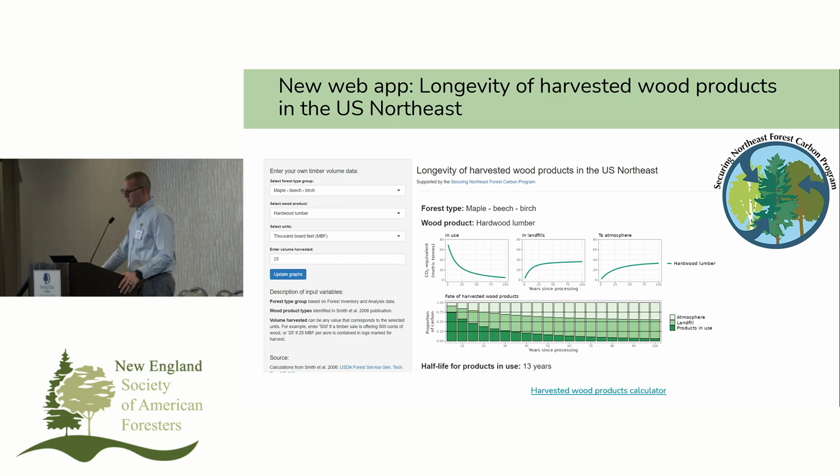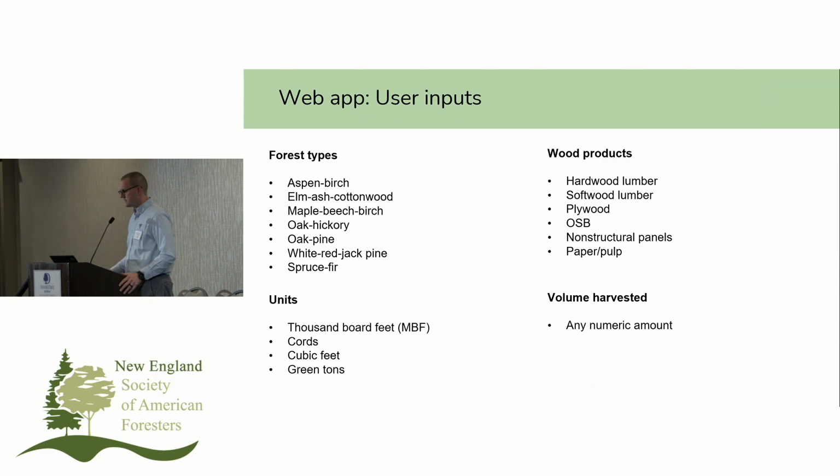And so all you need to do, and this is built using R code with their Shiny server feature, is enter some of these basic things about how much timber you harvested from a recent harvest, and it will produce these kinds of graphs for you utilizing those Smith equations. And so a really useful tool, I think, to begin to communicate with others, tell that story about the importance of wood products as it relates to carbon in the forest.